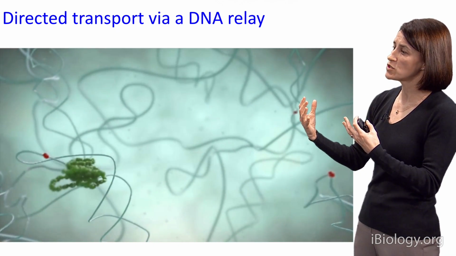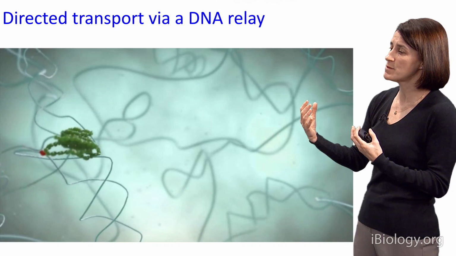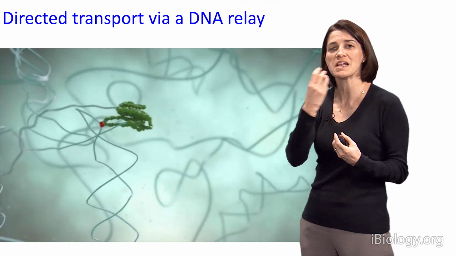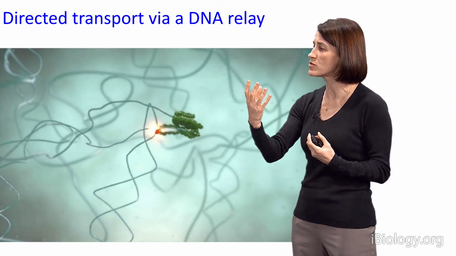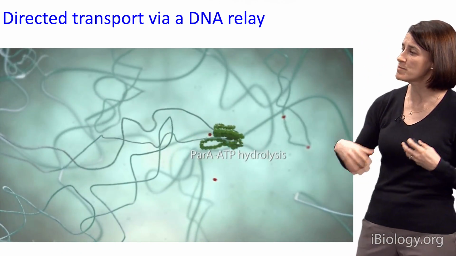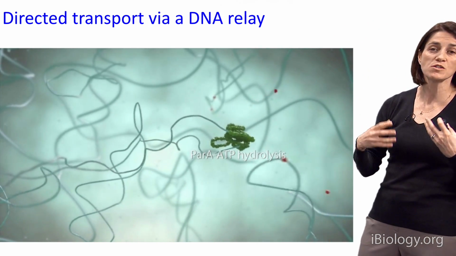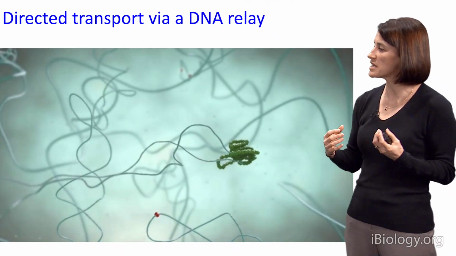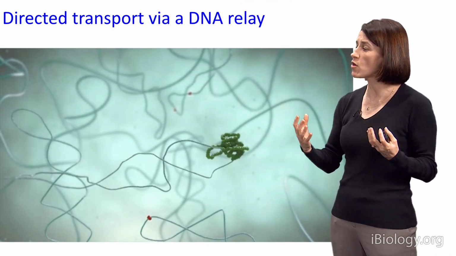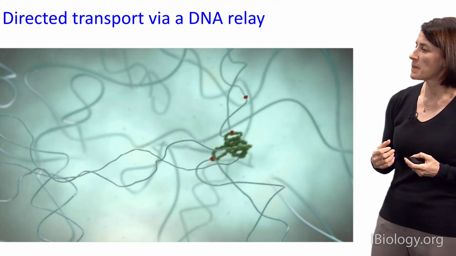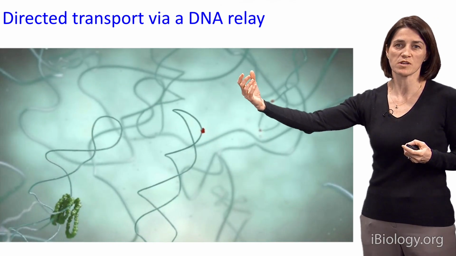Then it's going to encounter a ParATP dimer. That's basically, because of the elastic dynamics, going to bring it to the equilibrium point until ATP hydrolysis occurs, and now it's going to be released. And now it's going to interact with one or more ParATP dimers. That's going to bring it to the next DNA region.